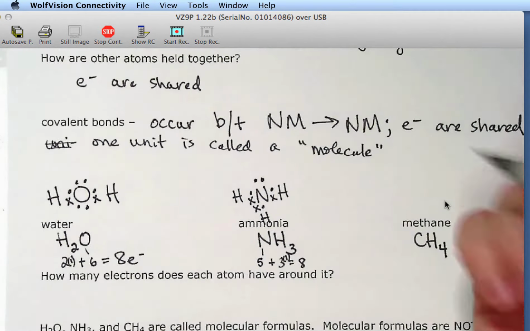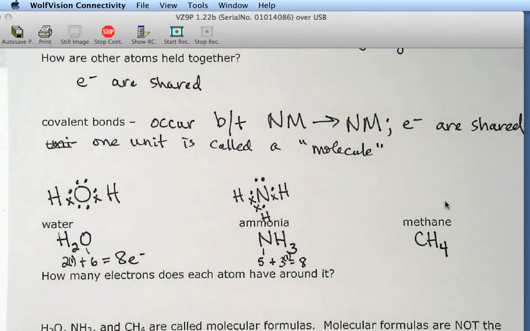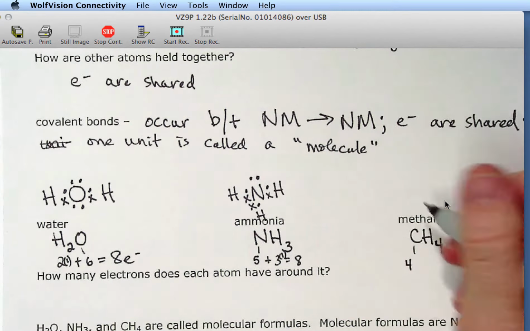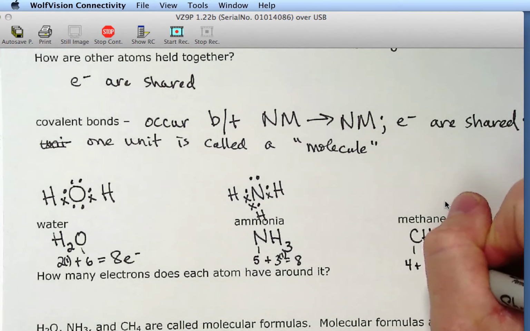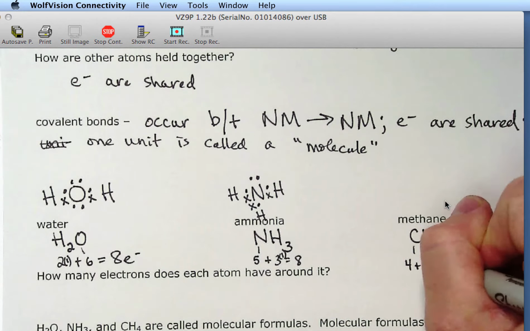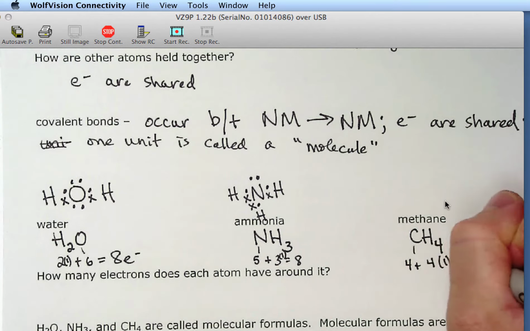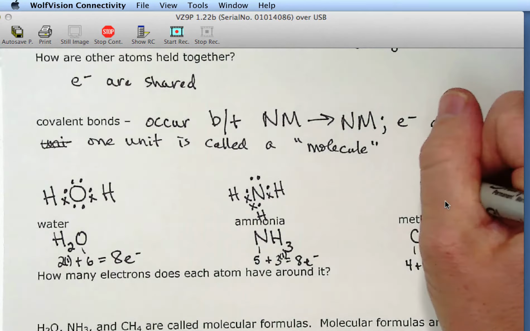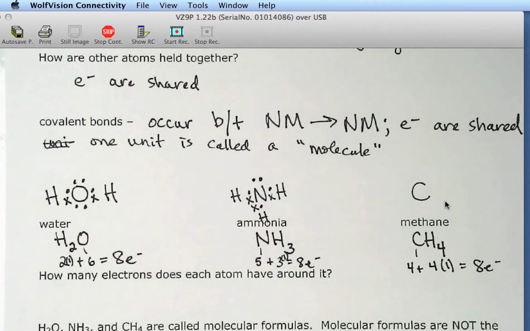Methane. How many valence electrons in carbon? 4. What about hydrogen? Right, so there are 4 times 1, so you have 8 electrons total. Carbon's going to be your central atom. Anytime you have hydrogens in your molecular formula, they're going to be on the outside because they can only have 1 bond.